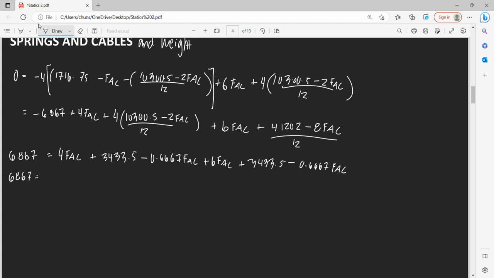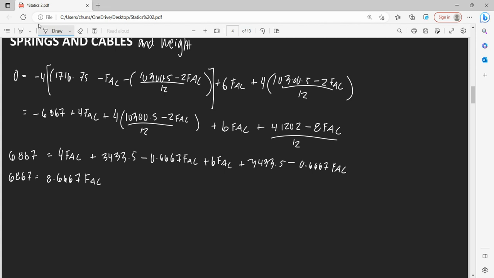So then totaling up our FACs, we have 4 minus that one plus 6 minus this again. That's 8.6667 FAC.